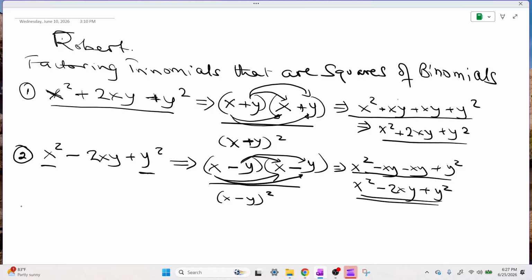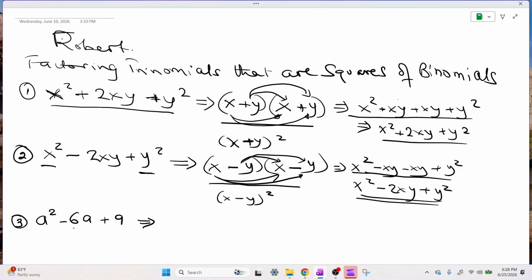Okay, now finally, let's try a living example so that we don't only use x's and y's. Let's suppose we have a squared minus 6a plus 9, and we are asked to factor or to factorize this expression. Now, in this case, what we have to do is to look at our example here and try to see how we can use it to achieve what we want.